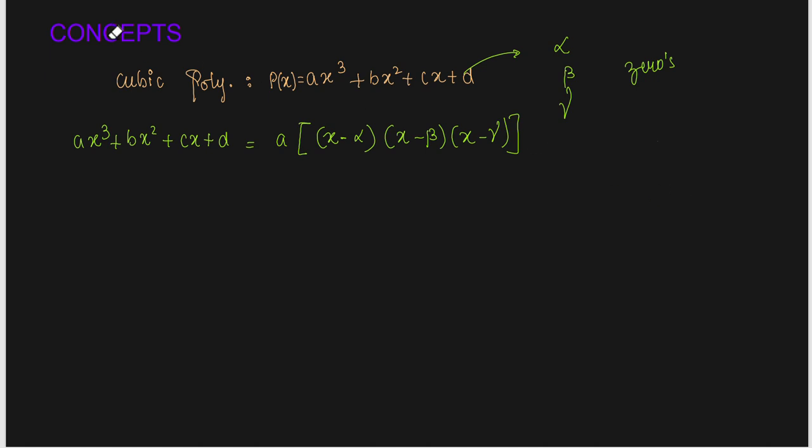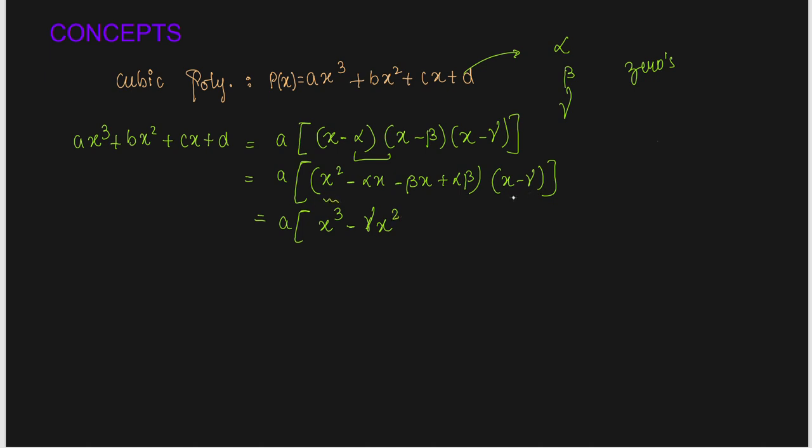Anyways, multiplying the right hand side, what am I going to get? First, multiply these two terms, you're going to get x square minus alpha x minus beta x plus alpha beta. Multiply this with your x minus gamma, and you are going to get x cube minus gamma x square.